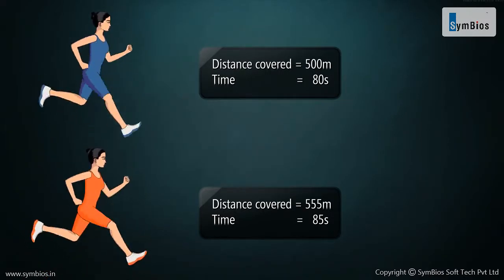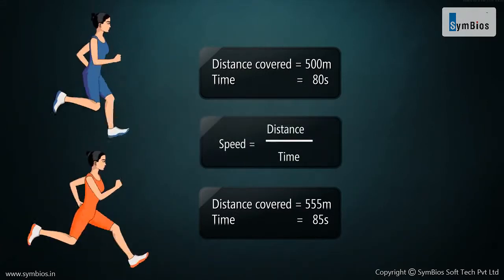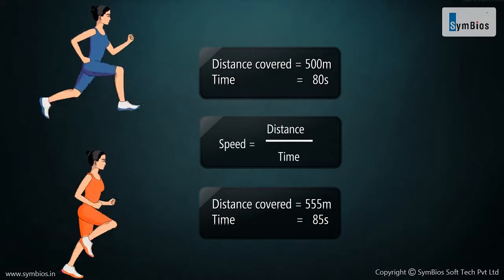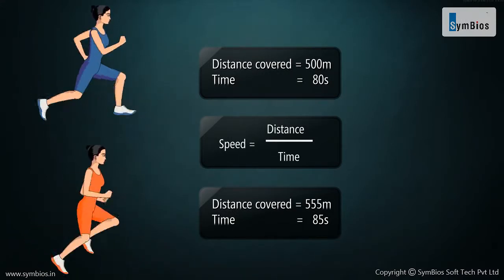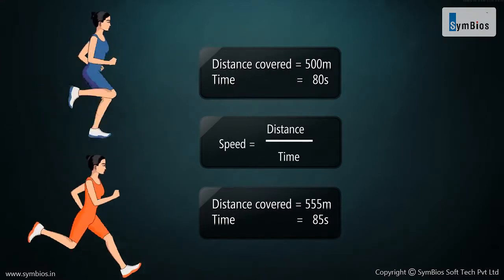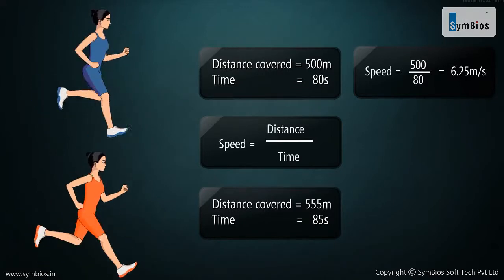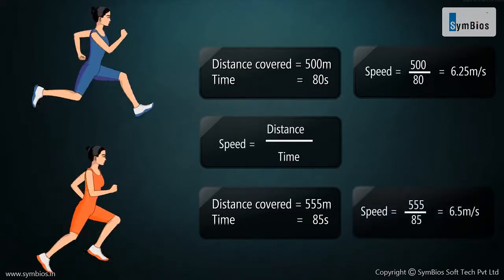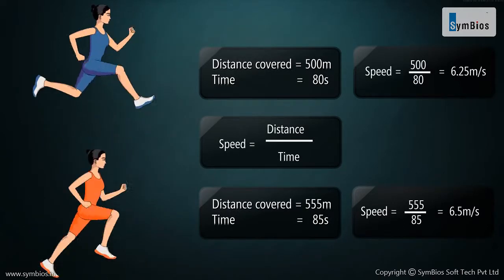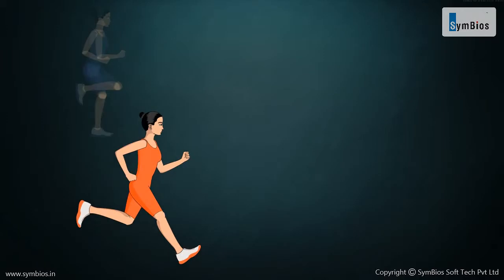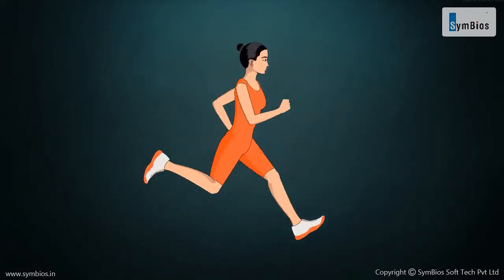The speed of both the runners can be calculated as the distance covered divided by the time taken to cover the distance. The first runner covers the distance with a speed of 6.25 meters per second, whereas the speed of the second runner is 6.5 meters per second. Therefore, the second runner is faster than the first runner.